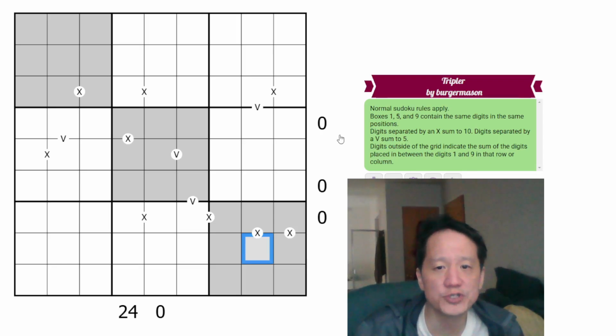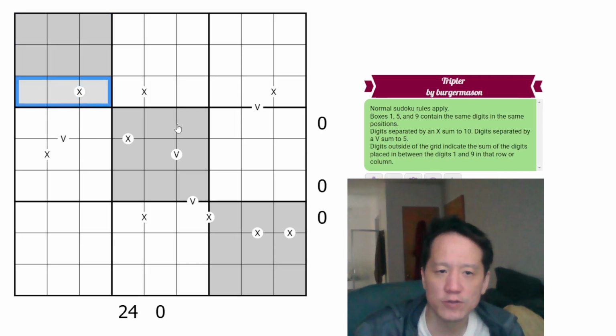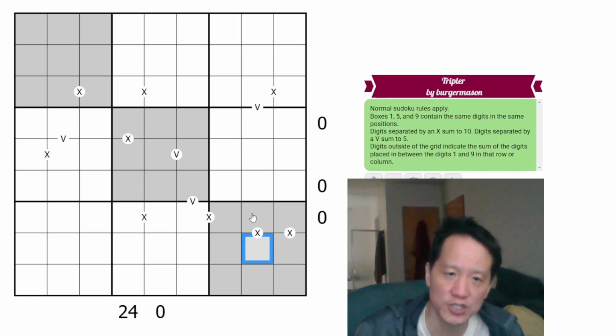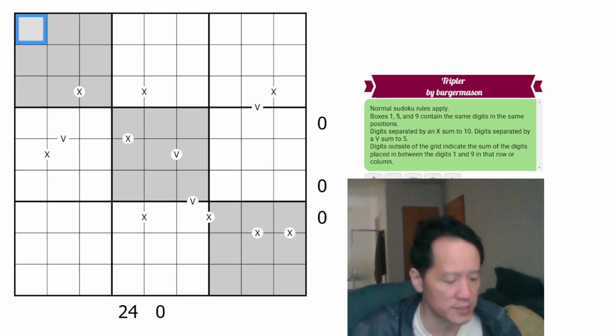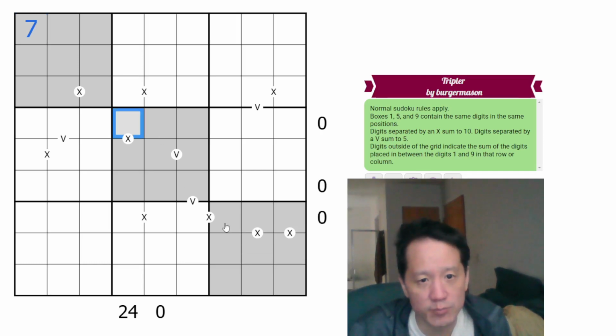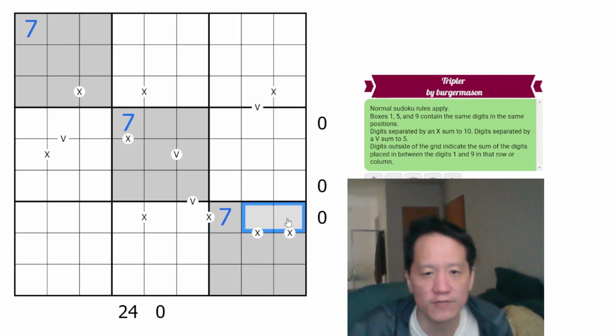For this rule set, boxes 1, 5, and 9, which are the gray boxes, contain the same digits in the same positions. So whatever digit is here, say a 7, would have to appear in the same position in boxes 5 and 9 too.